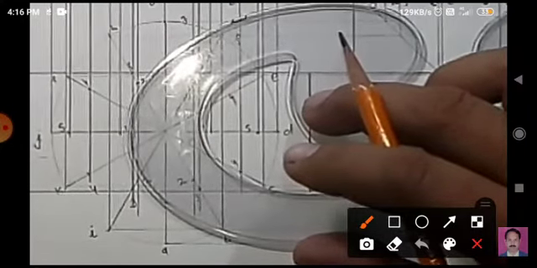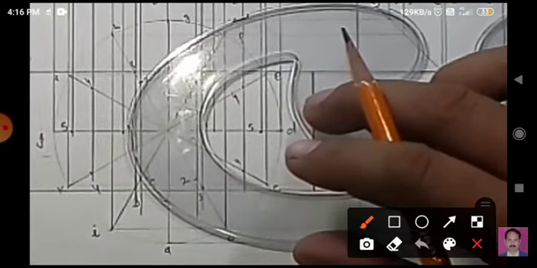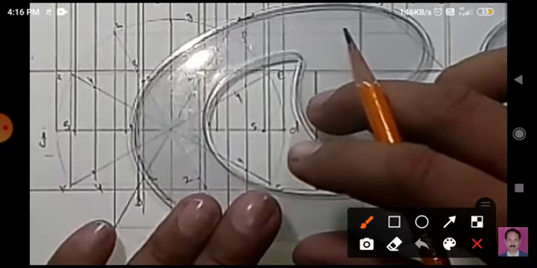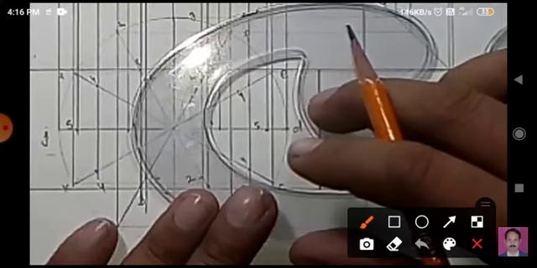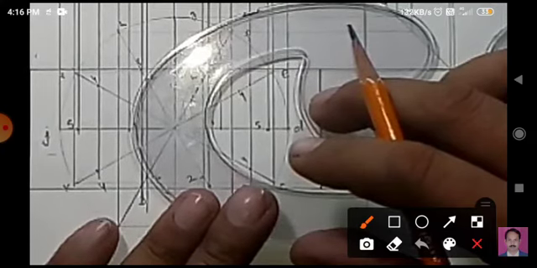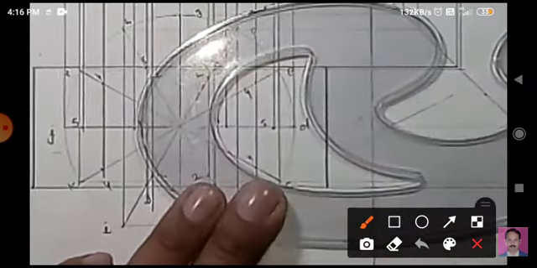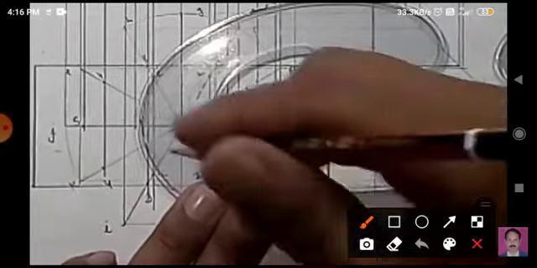Join very finely, okay. At least 3 points must be there on the French curve, or the third point must be approximately on the curve.